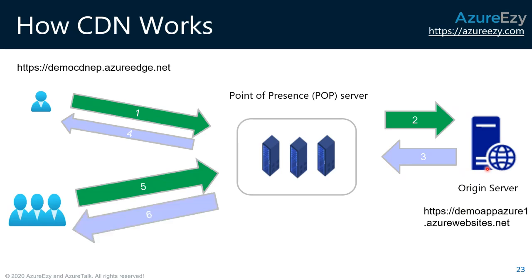It will receive the response from the POP server. How long the POP server keeps this content depends on the TTL, the time to live, that we have configured. You can customize and configure that. The default time is generally 7 days. So this is the flow of how your CDN works. In any environment, whether it's Azure Cloud or any other CDN service, everywhere, this is the mechanism of how a CDN works.